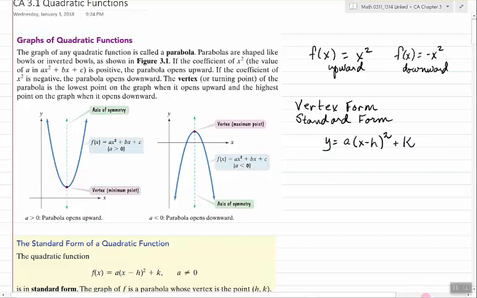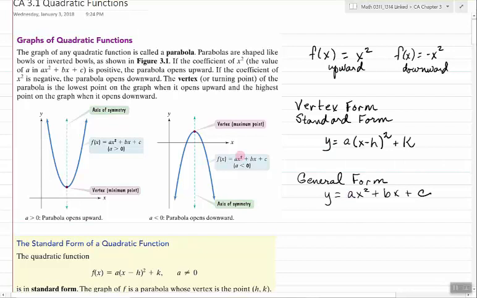Then there is what is known as general form, and it is y equals ax squared plus bx plus c, and they have value in different places. The thing that they do have in common, though, is that they both have a, and if a is positive, it opens upward. If a is negative, it opens downward.